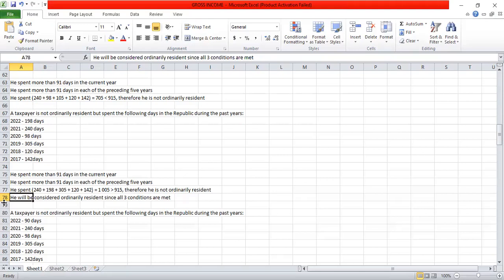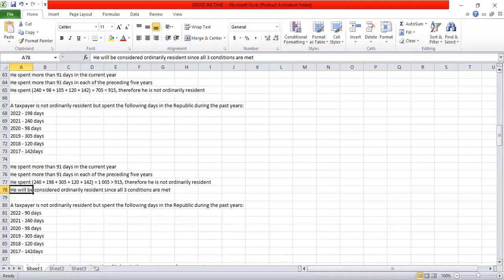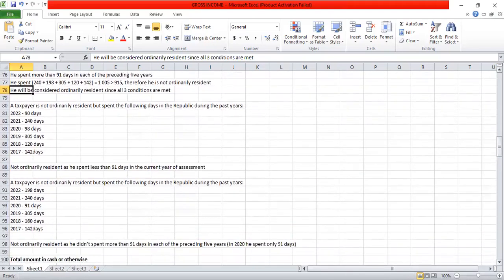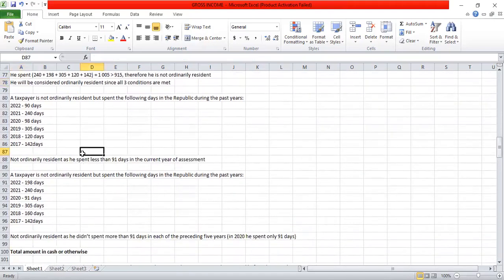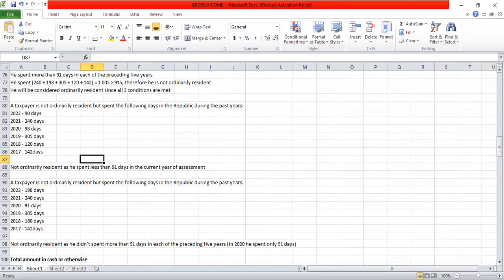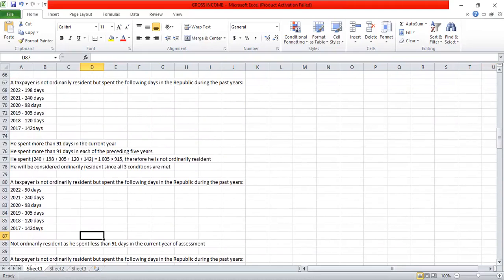Is that clear there, my friend? Yeah, it's clear. Right. Then my final example here. Sorry, Tim. Yes. On the second example, I think you should correct there. Therefore, he is not ordinary resident. The one of 1,005, it's wrong. Yes, I think you should correct there. What are you getting? He is ordinary resident, not. Yeah, this is the answer. Here is another example.